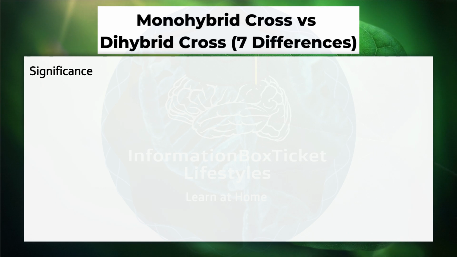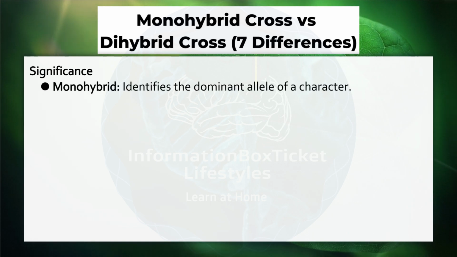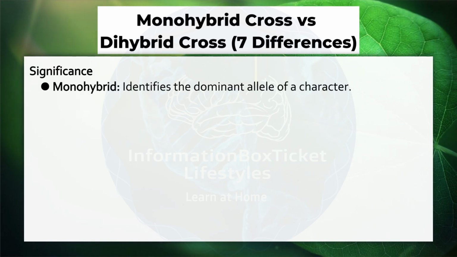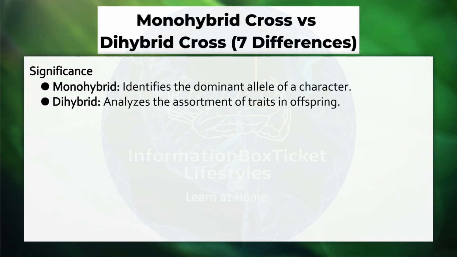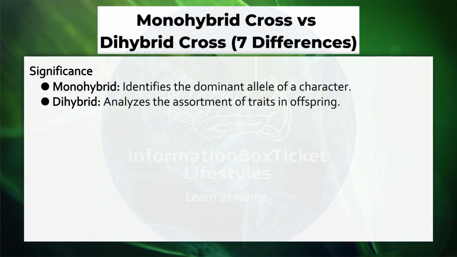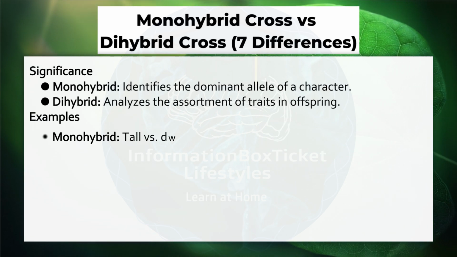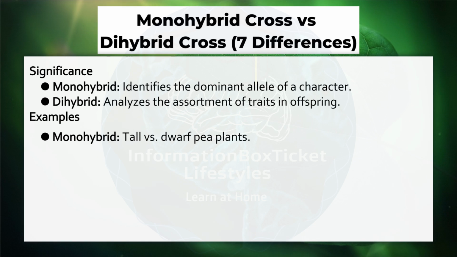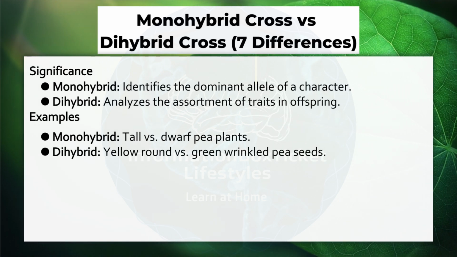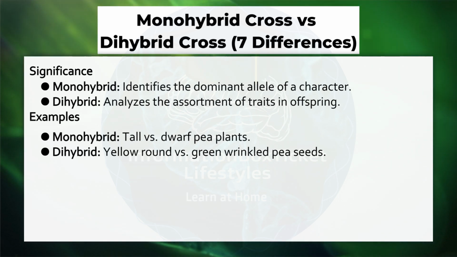Significance: monohybrid identifies the dominant allele of a character. Dihybrid analyzes the assortment of traits in offspring. Examples: monohybrid, tall versus dwarf pea plants. Dihybrid, yellow round versus green wrinkled pea seeds.